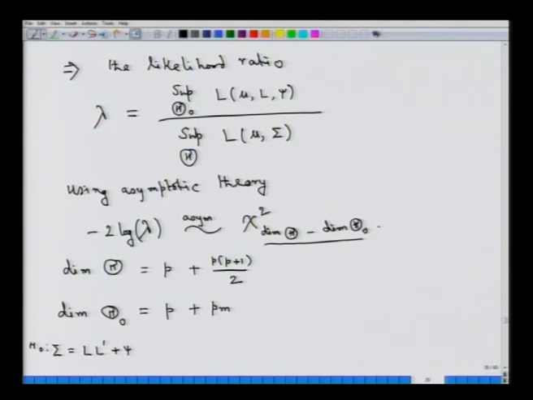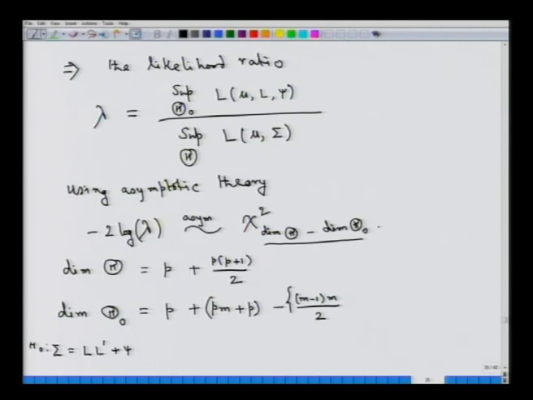Pm is the number of terms corresponding to the factor loading matrix L. This plus the p diagonal entries of psi gives us this. Now, the dimension of script theta naught is something less because of the type of restriction that we had imposed. This is thus going to be the number of restrictions, which is this.